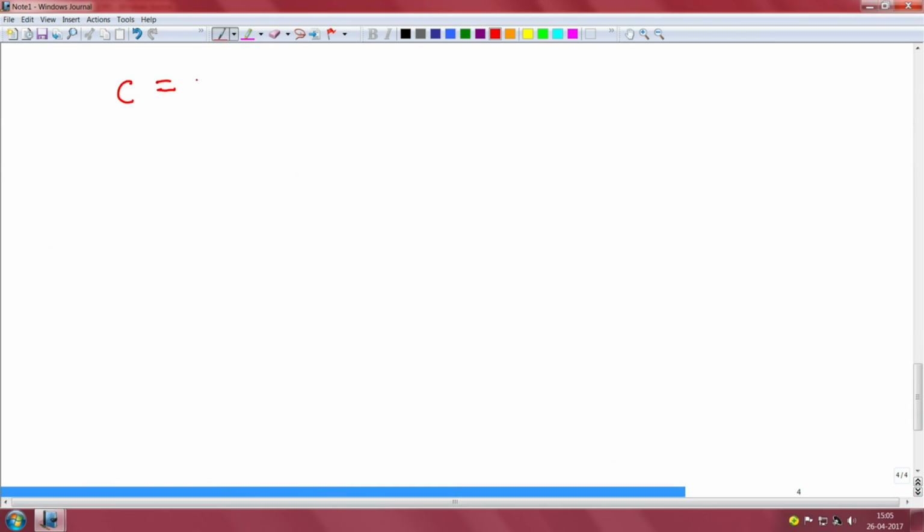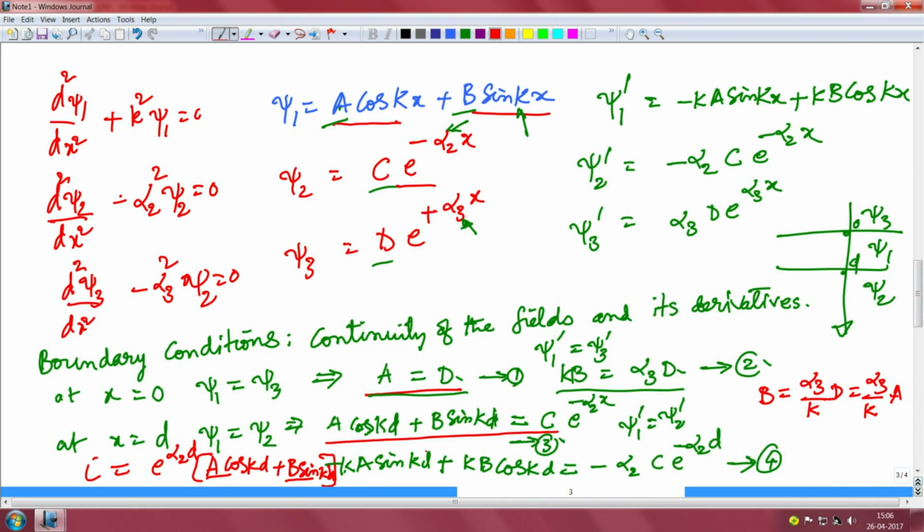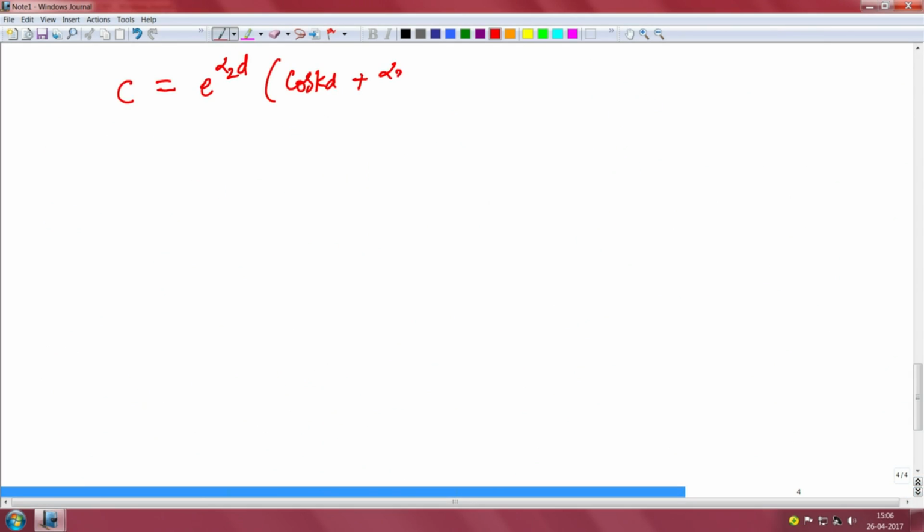C equals e power alpha 2 d cos k d plus b is alpha 3 by k into a. I will put a outside.